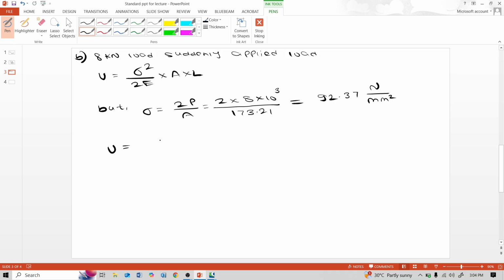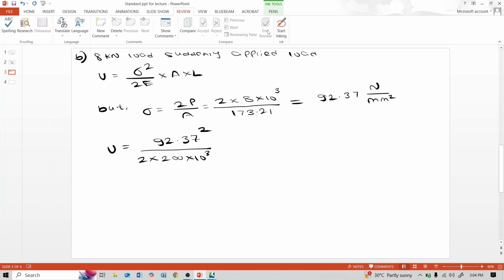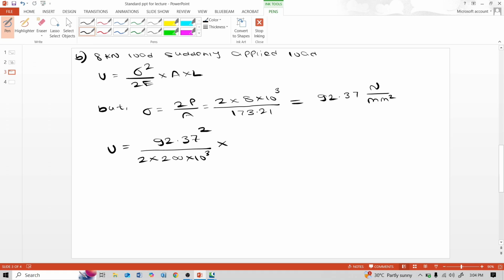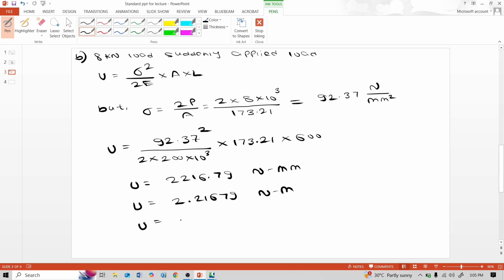So U is equal to the stress 92.37 Newton per mm square squared, divided by 2 into 200 into 10 raised to 3, multiplied by area 173.21 and length 600. This gives 2216.79 Newton mm, that means 2.21679 Newton meter, and Newton meter is joule.